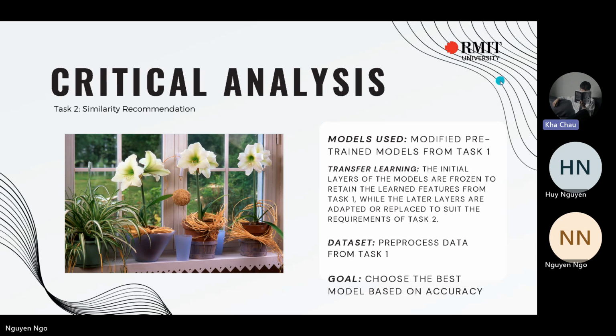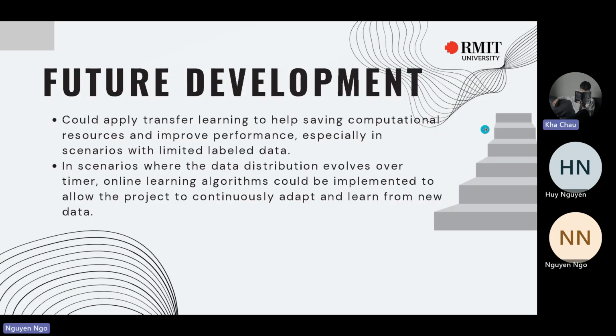Next slide, please. Next, we will tell you more about this project. For future development, our team will try to finish task two in the near future and try to improve the transfer learning for task two. Furthermore, we will try to implement online learning algorithms in the project to help it run on larger scales continuously.